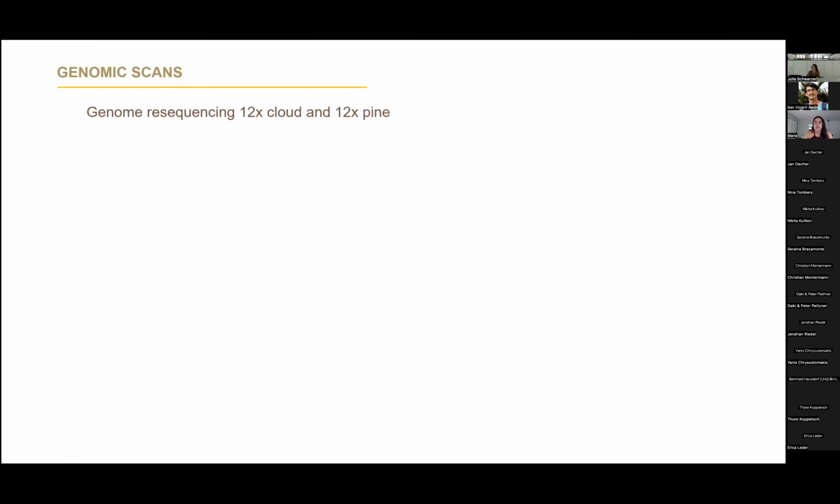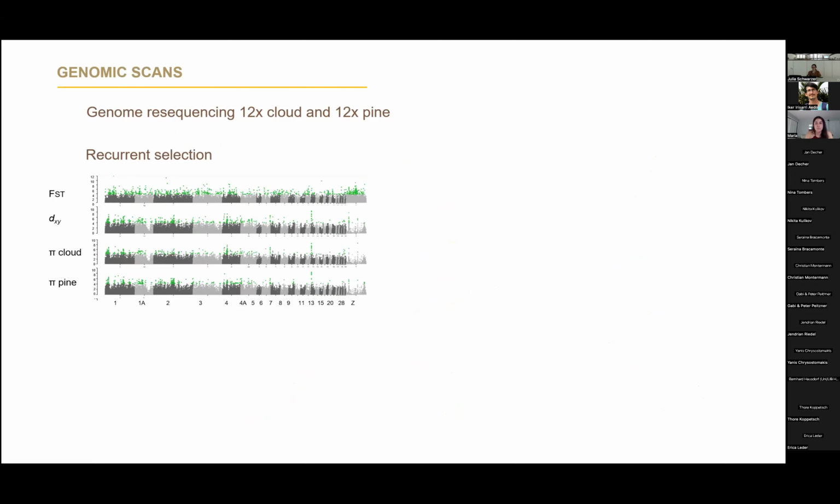So now we have generated whole genome sequences for 12 individuals per habitat. And we have already performed genomic scans of different variables, including the FST or relative divergence, the dXY or absolute genomic divergence, and genetic diversity.